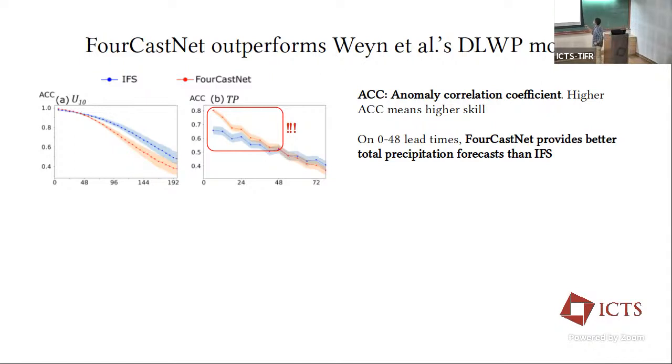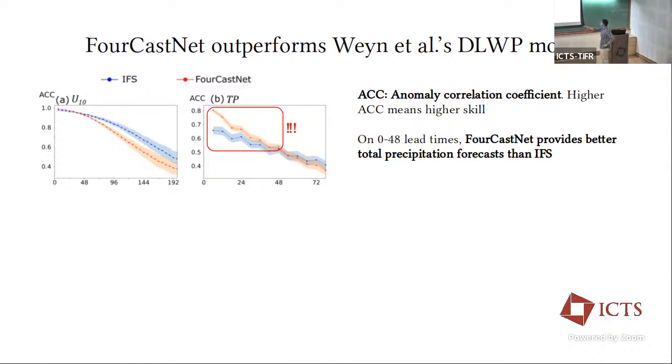But the authors compute the anomaly correlation coefficient for ForecastNet at different lead times. So these are lead times: 0 hour, 48 hours, 96 hours, 148 hours. So they go all the way to 8 days lead time, and then they compare the anomaly correlation coefficient of ForecastNet versus the state-of-the-art weather forecasting system from ECMWF.